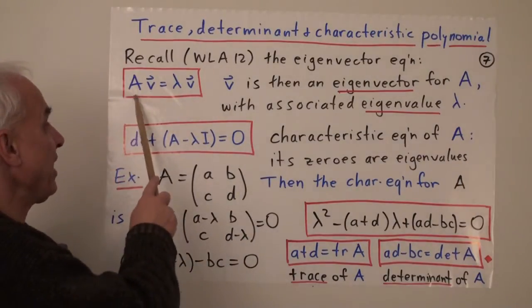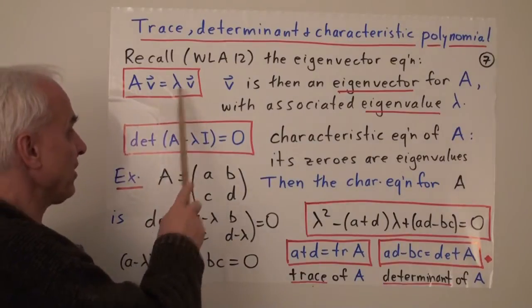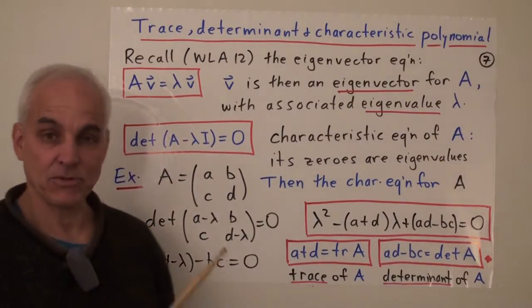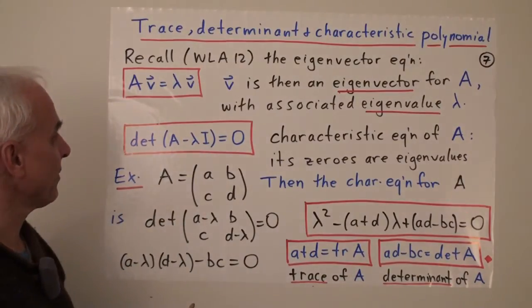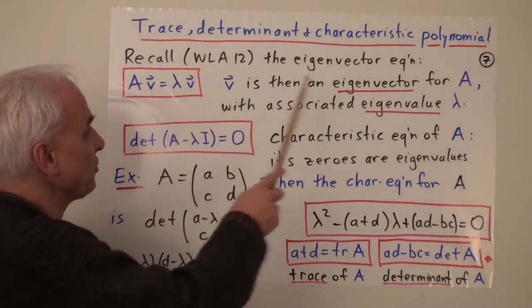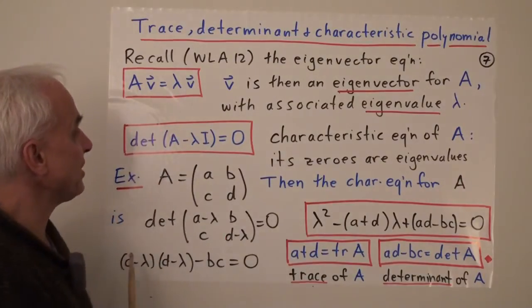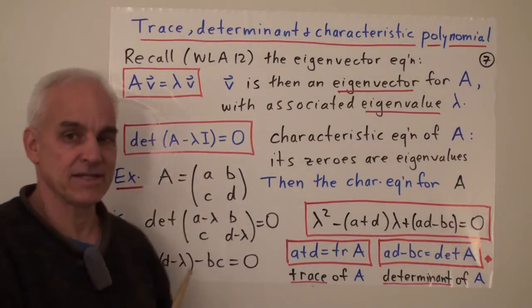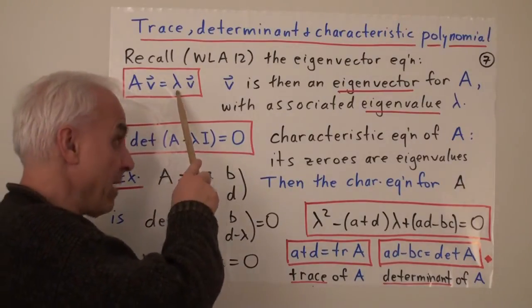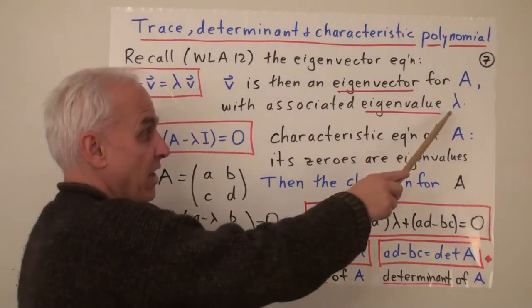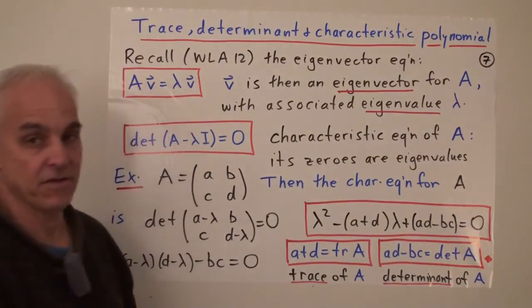So the equation A times V equals lambda times V is sometimes called the eigenvector equation for A. So a vector V is an eigenvector for A if it satisfies this equation for some scalar lambda. In that case, this number lambda is called the associated eigenvalue for the matrix A.